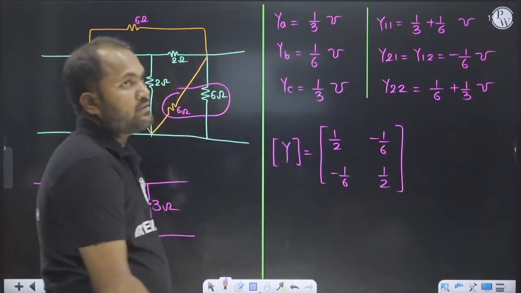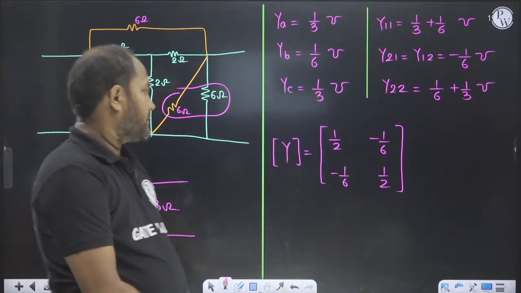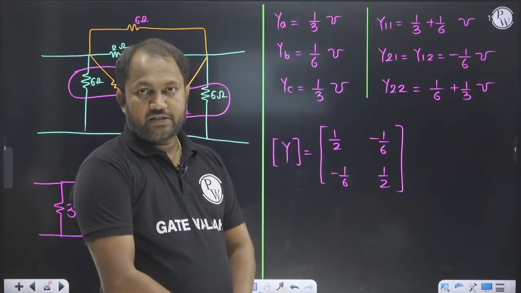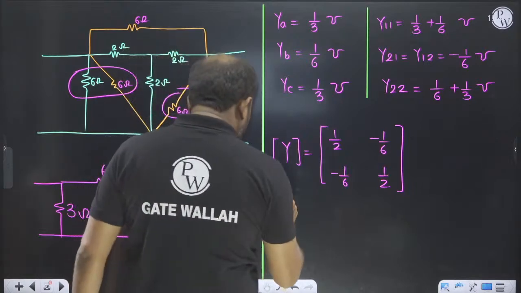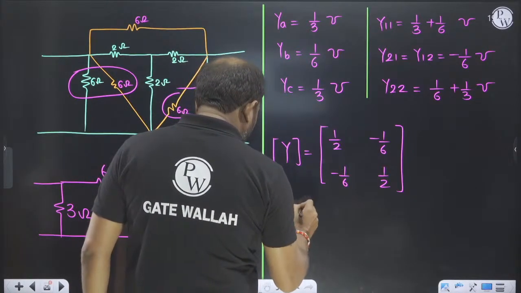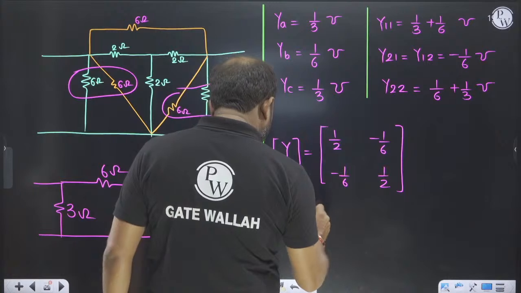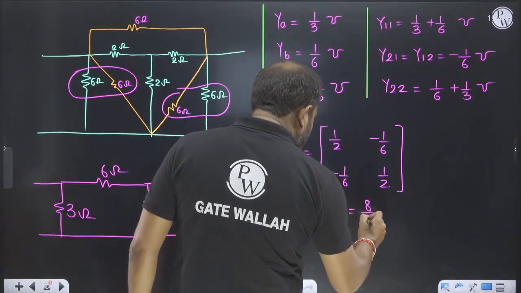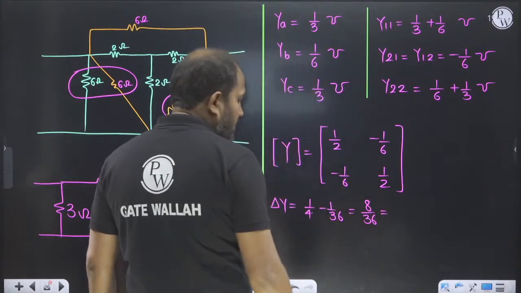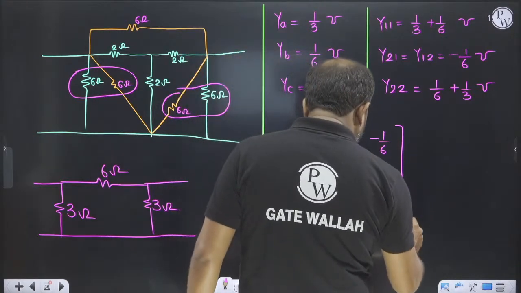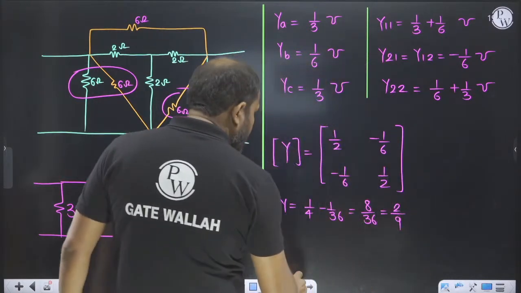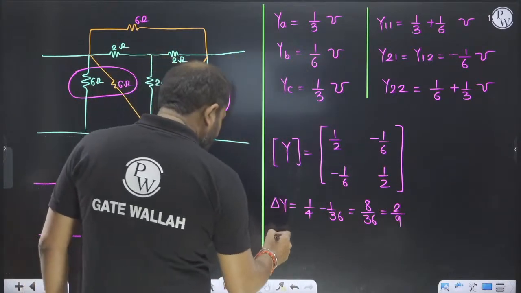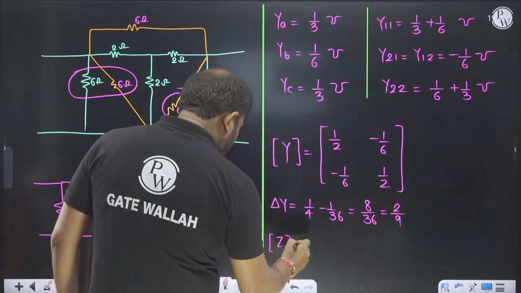Then I will go for the Z parameter, so 1/4 and 1/36. So delta Y will be equal to 1/4 minus 1/36, so it will be 8/36, which is 2/9. Then the Z matrix will be Y inverse.